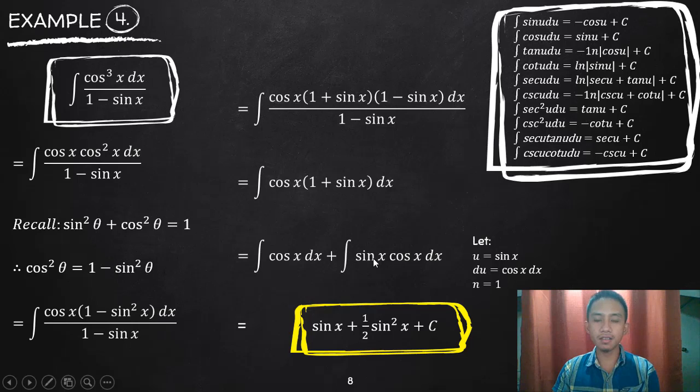According to the power rule, copy your u, add 1 to the exponent, and divide by the new exponent. So I copied your u, which is sine x, added 1 to your exponent so that it becomes squared, and divided by 2. That's why we have here 1/2, and of course, plus your constant of integration, c.